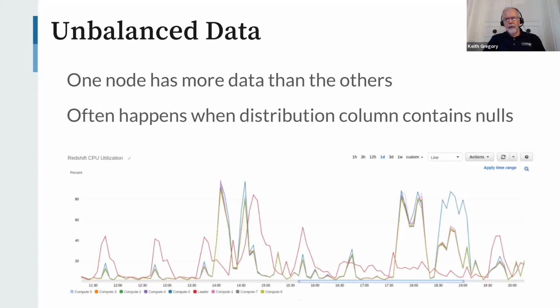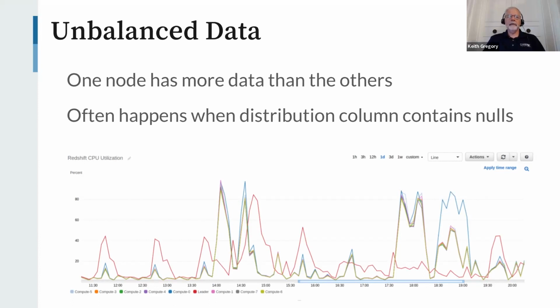And the way that you kind of see this happening, this is CloudWatch metrics, and most of this shows activity against our Redshift clusters. It's fairly normal. But if you look on the right-hand side, you'll see that there's a blue line that's significantly higher than the other lines. And if you look at the legend, you see that this blue line is compute node 0.